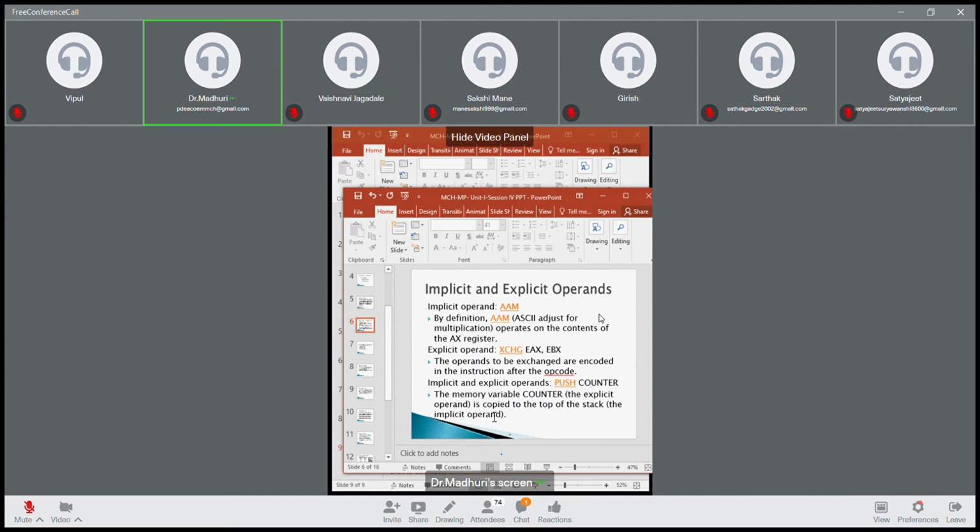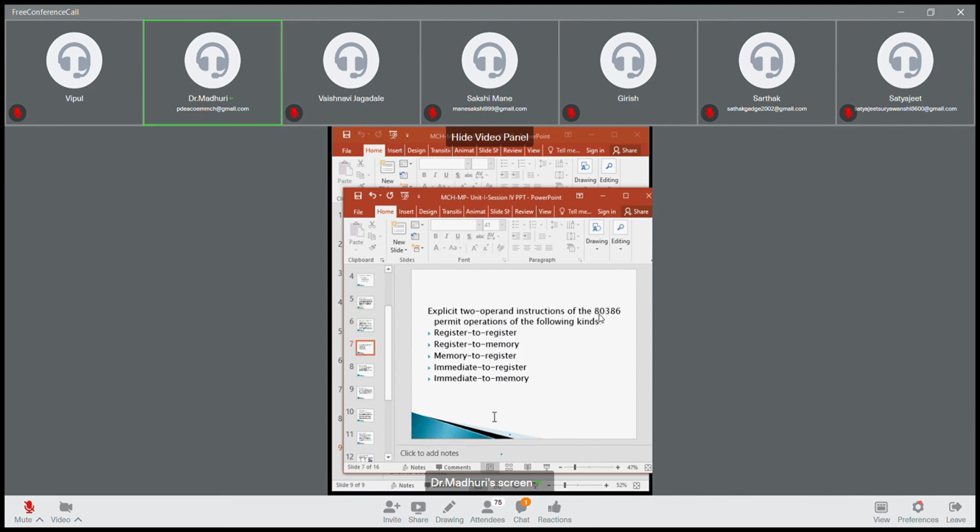These are the particular instructions which will operate on a particular operand. Explicit operand, that's it, exchange EAX. The operands to be exchanged are encoded in the instruction after the opcode. Whenever we learn the set of instructions, you will get it. Okay, now just remember this one.